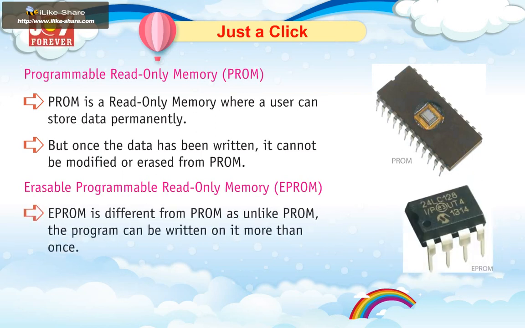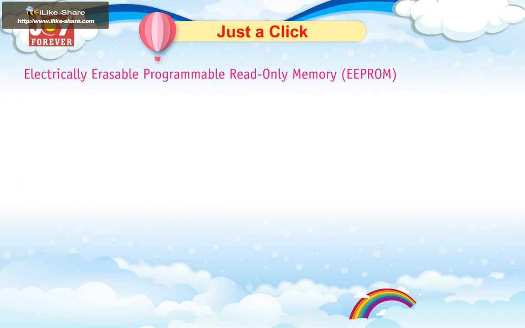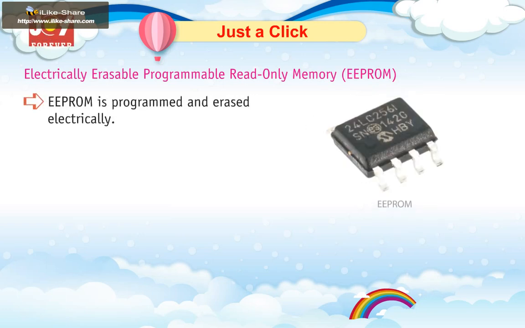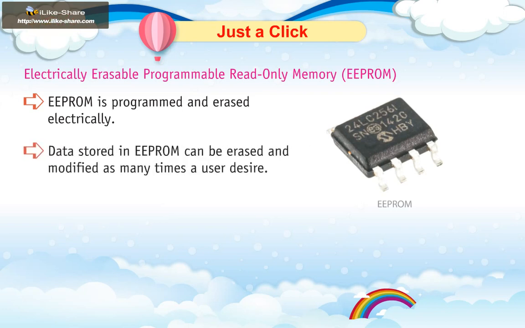EPROM is different from PROM as, unlike PROM, the program can be written on it more than once. EEPROM, electrically erasable programmable read-only memory. EEPROM is programmed and erased electrically. Data stored in EEPROM can be erased and modified as many times as a user desires.